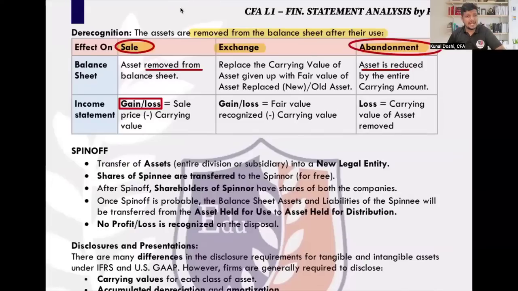So in abandonment, the entire carrying value is recognized as a loss if there is any carrying value. If the carrying value has become zero, there is no loss. But if there is some carrying value and you are abandoning it, that entire carrying value is recognized as a loss. Understood? This is the sale and abandonment. Abandonment is also like sale, but with a value of zero.